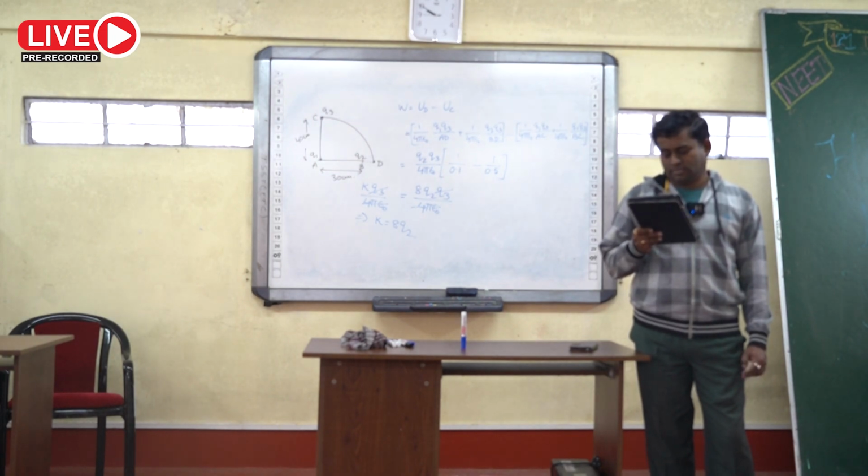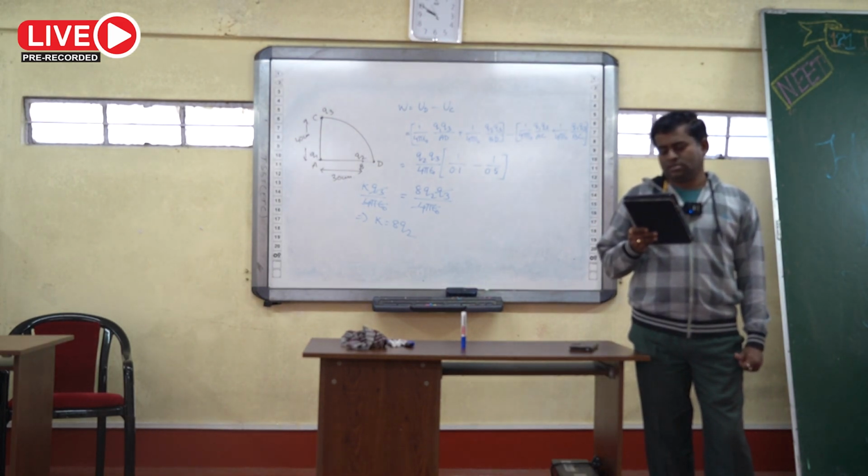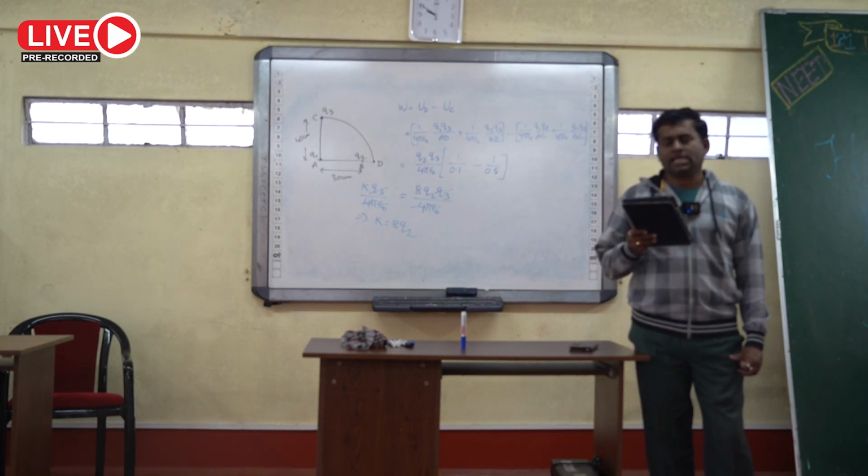Option A, 2C1 by N1 N2. Option B, 16 N2C1 divided by N1.